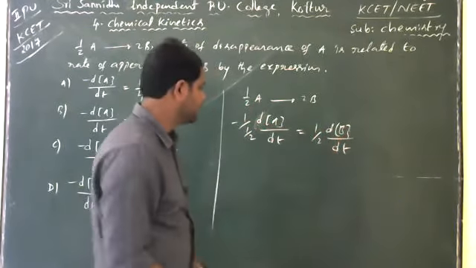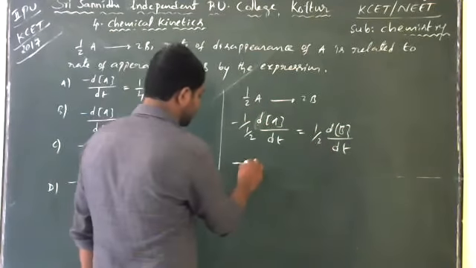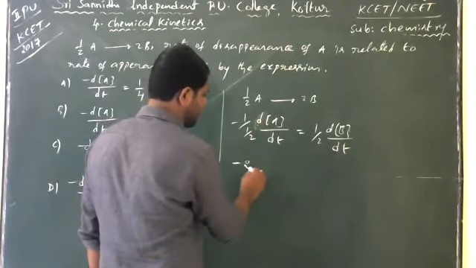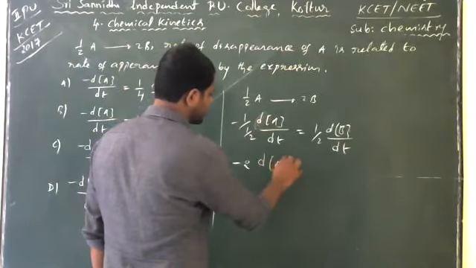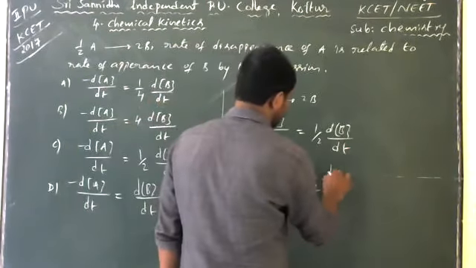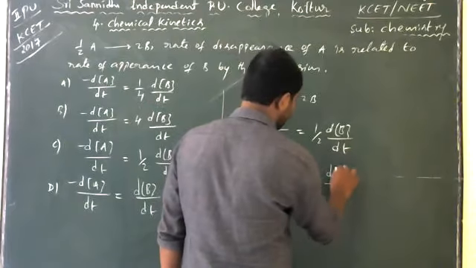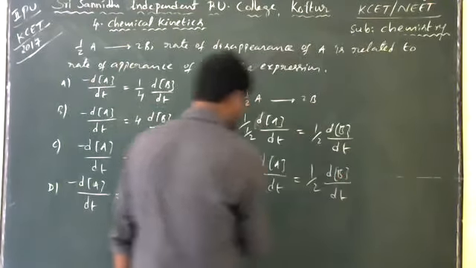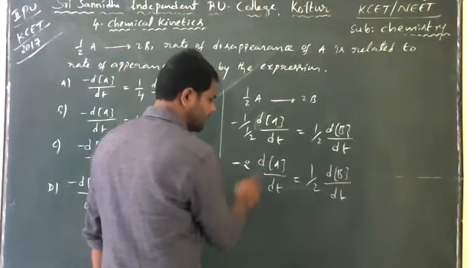Then here the 2 goes to the numerator, and we get minus d[A]/dt is equal to 1 by 2 d[B]/dt, and we also write here 2 into 2, which gets 4.